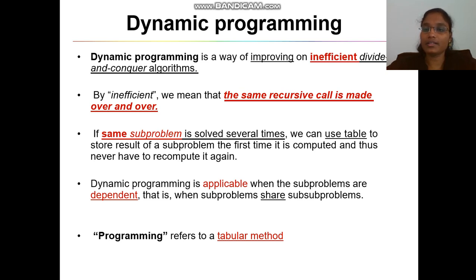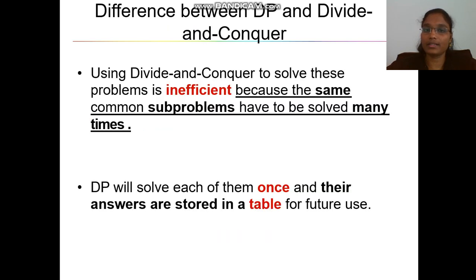If a subproblem is repeated several times, we keep calling the recursive call for that same subproblem and repeatedly solving it. Whereas dynamic programming is applicable when the subproblems are dependent, and share some of the subproblems. Here in dynamic programming, we can also say the programming refers to a tabular method.